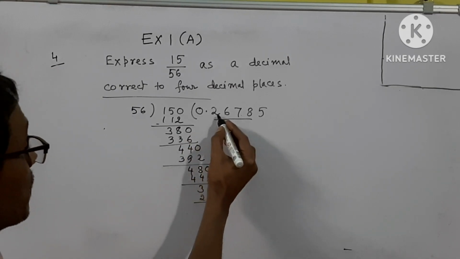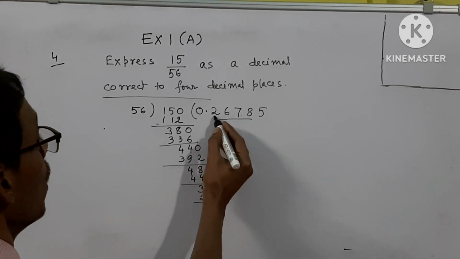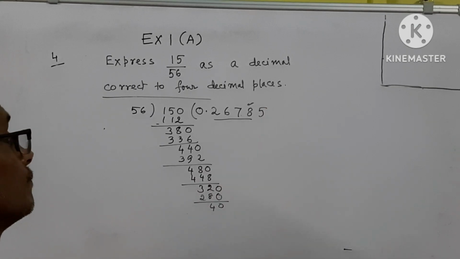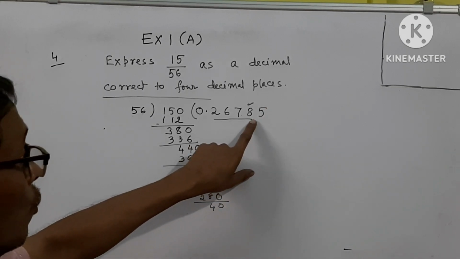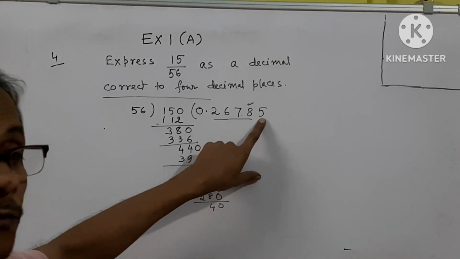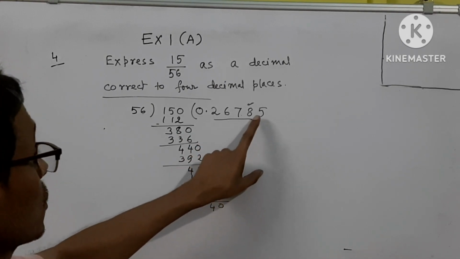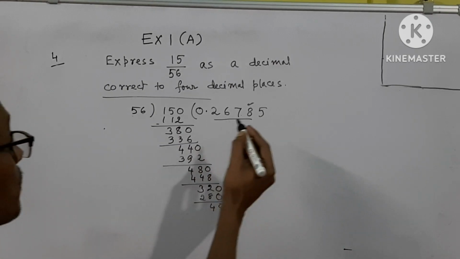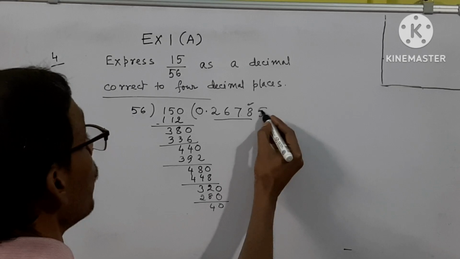So 4 decimal places, how to do it? 1, 2, 3, 4. You have to correct this position. For correcting the 4th decimal place, you have to see the 5th decimal place, just next to the 4th. So the 5th decimal place is 5.